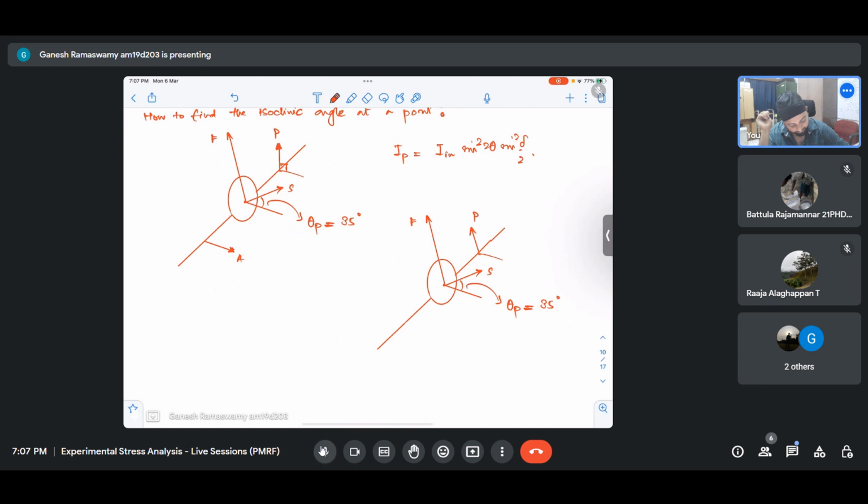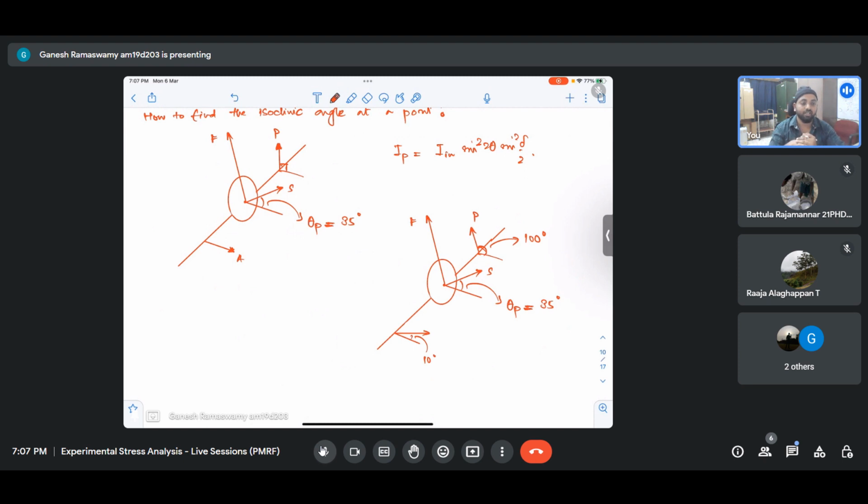Let this angle be some 100 degrees instead of 90, and I keep my analyzer at 10 degrees. It is still crossed, which is a requirement for me to see isoclinics. So this is at 10 degrees. Now it will show another set of bands where my isoclinic angle is 10 degrees.